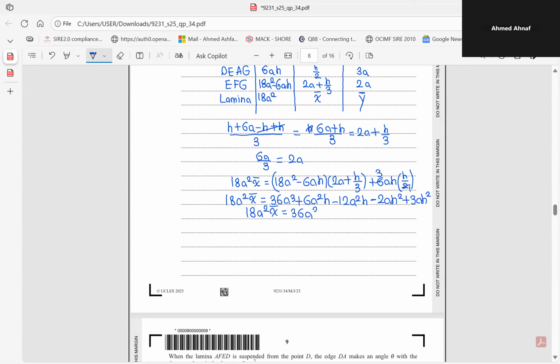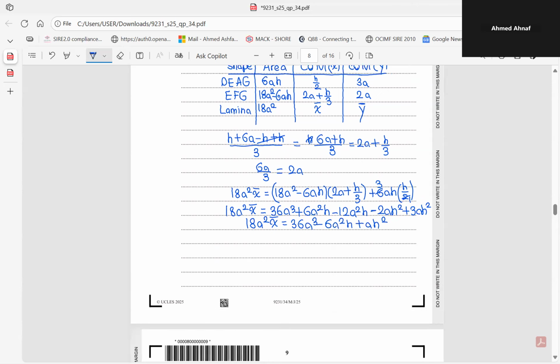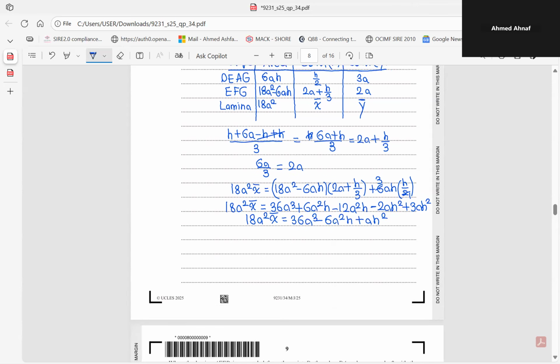So 36a cubed, minus 12a squared h plus 6a squared h gives minus 6a squared h. 3ah squared minus 2ah squared gives plus ah squared. Okay, we can divide both sides by a, so this becomes 2, this cancels and this cancels out.